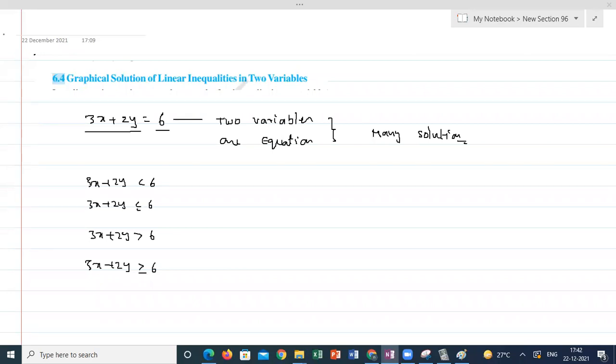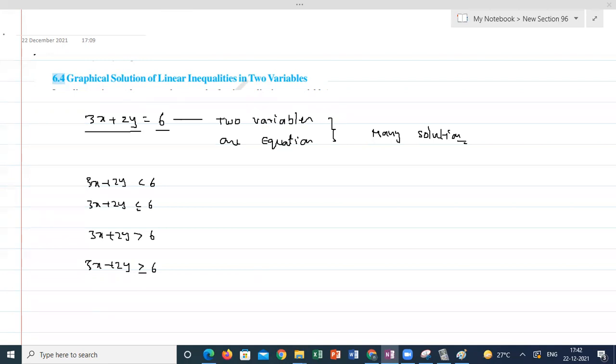3x plus 2y is always lesser than 6 and it is never greater or equal to 6. The meaning of 3x plus 2y less than 6 is that you can choose any set of x, y values for which the expression value must be less than 6, and it should not even be equal to 6.